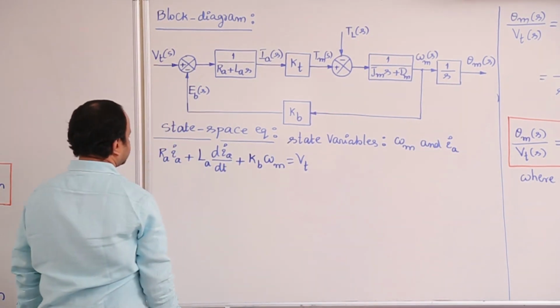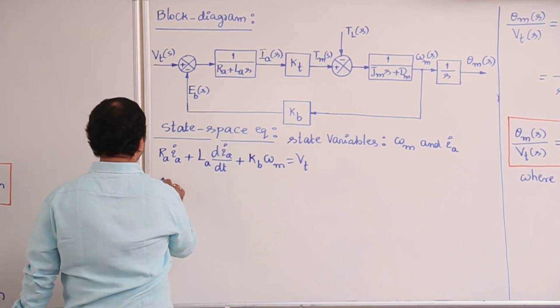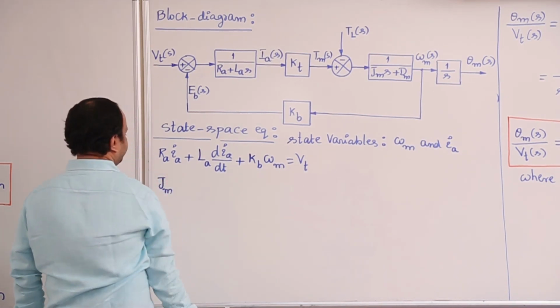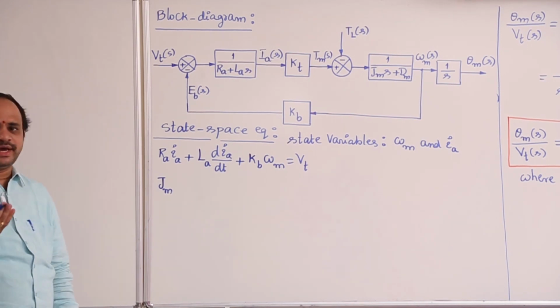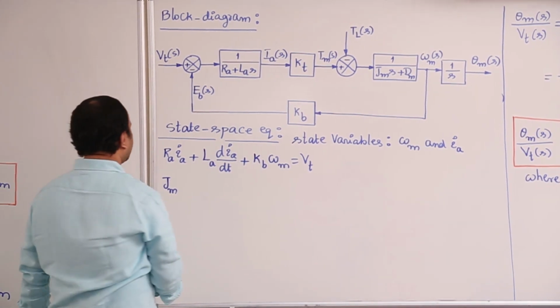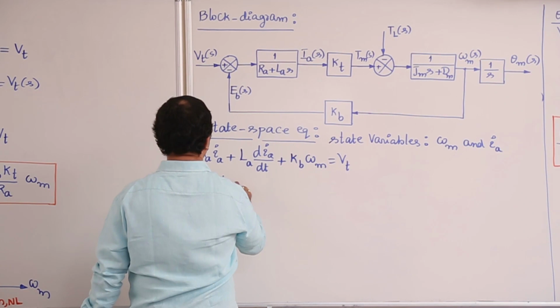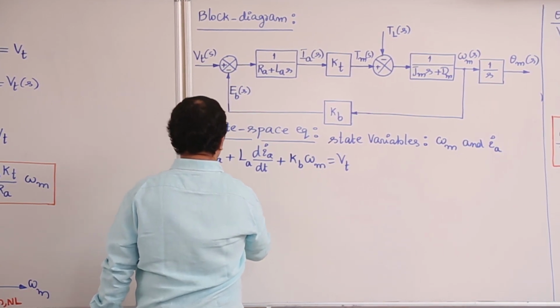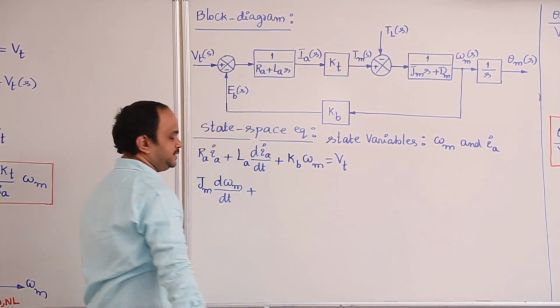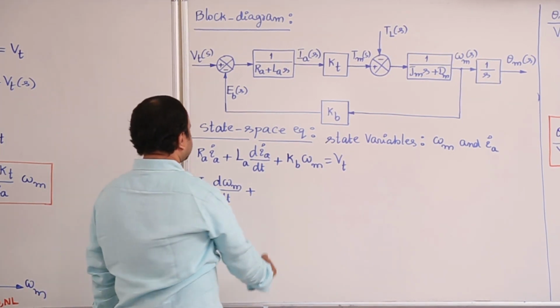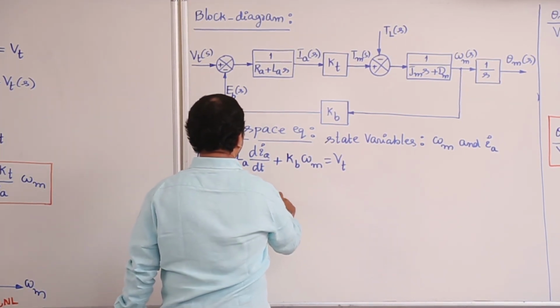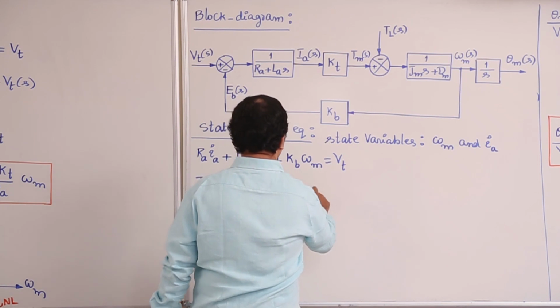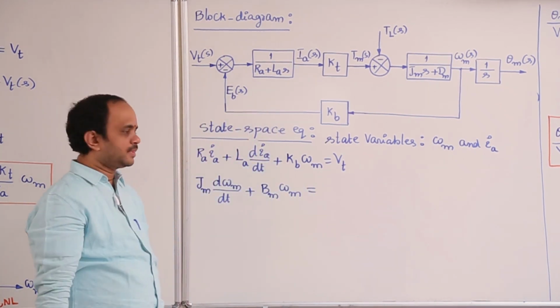Another equation is Jm into d square theta by dt square, which you can also write as d omega m by dt, plus Bm into omega m.